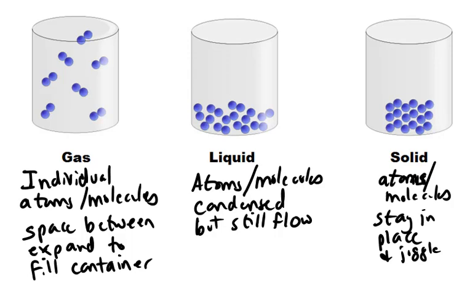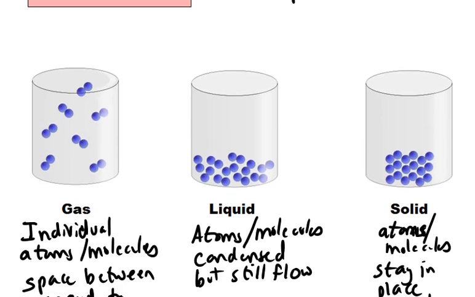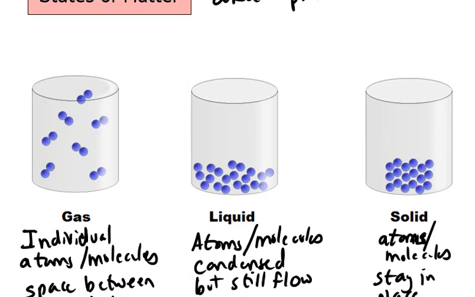Now we can go between the phases, and we have specific terms for transitions between phases, which I will cover now. If you go from a liquid to a gas, there's a couple different things that could be going on. You could be boiling. When you boil water, it turns into the gas phase, or you may simply be evaporating.